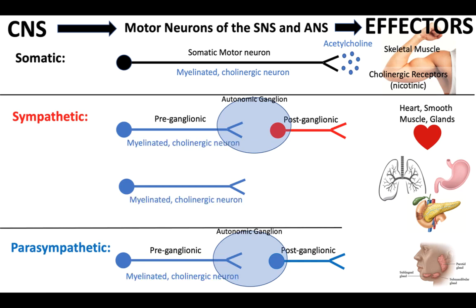So next thing we add is, all right, myelinated or unmyelinated. So you'll notice all these preganglionic neurons are myelinated and they're cholinergic. All right. Now, blue means they're cholinergic. So myelinated cholinergic, myelinated cholinergic, myelinated cholinergic. This one is not myelinated and this one's not myelinated. So the postganglionic neurons are unmyelinated.